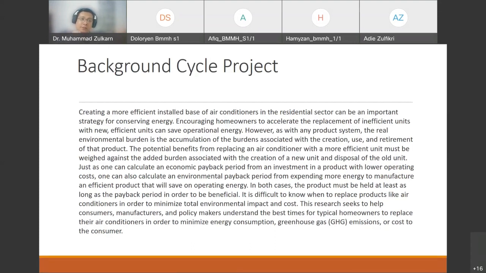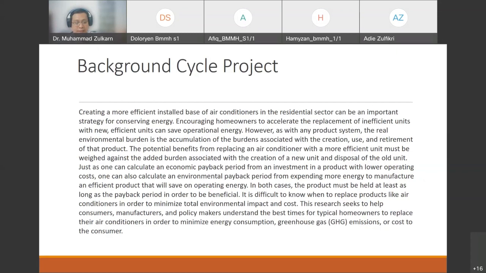You cannot consider it an efficient product. So it should be calculable how long the product can survive in the market. It's difficult to know when to replace a product like air conditioners in order to minimize total environmental impact and cost.